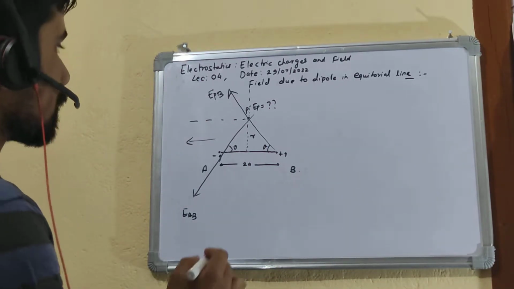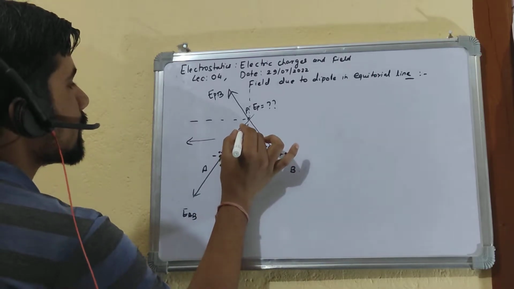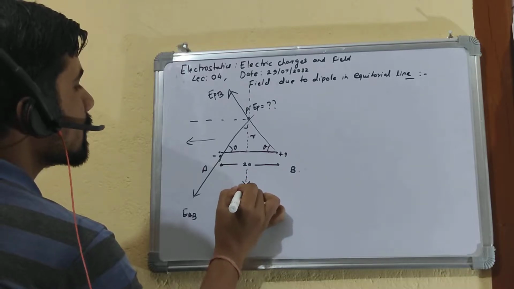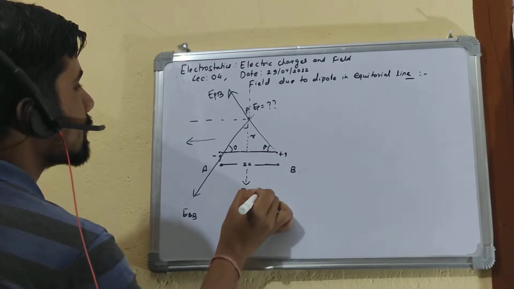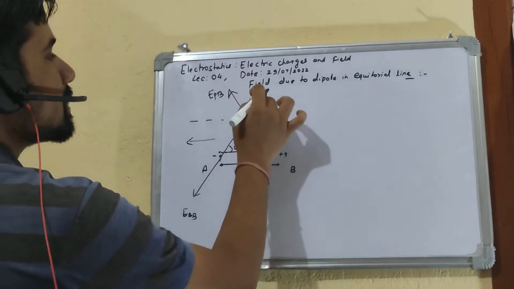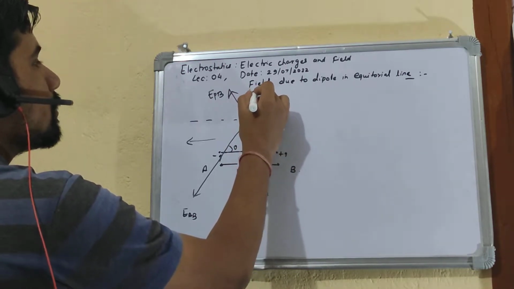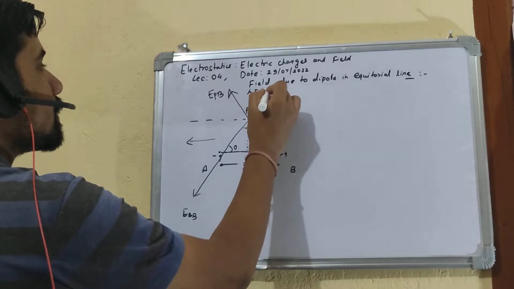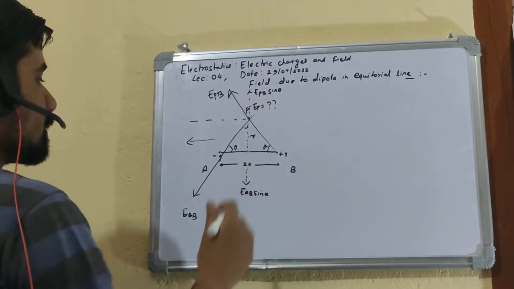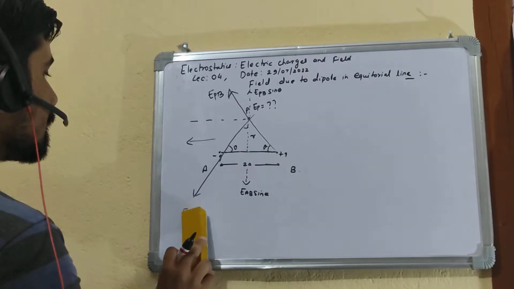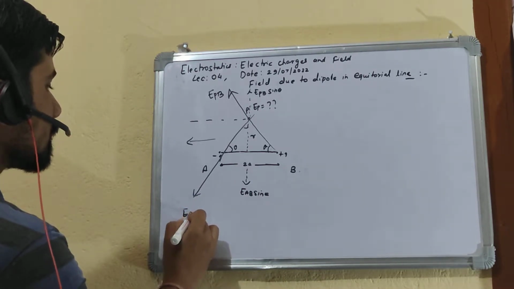This angle is 90 minus theta, so this component for EPA will be EPA sine theta. Again, this will also be 90 minus theta since it is vertically opposite, so this component will be EPB sine theta.